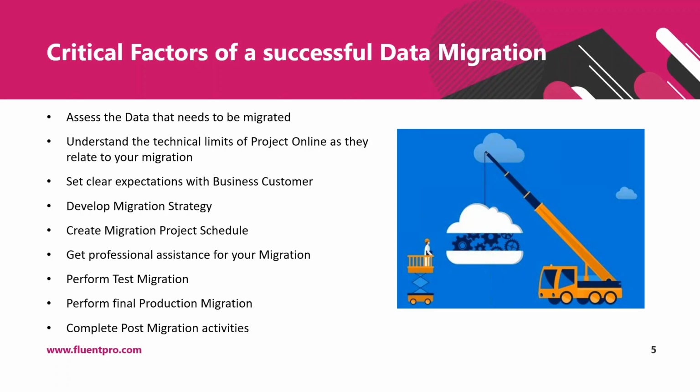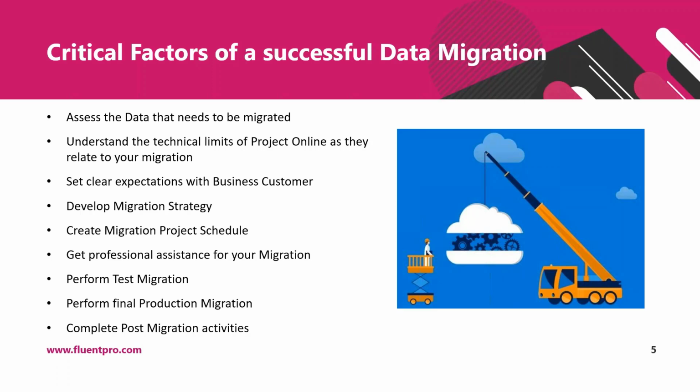Perform test migration. Here you are going to go through all the steps of the migration project plan and identify all the issues that your data and source system are going to have, as well as find out the ability of your tenant to correctly process everything that you are going to put in the upload. Perform final production migration.